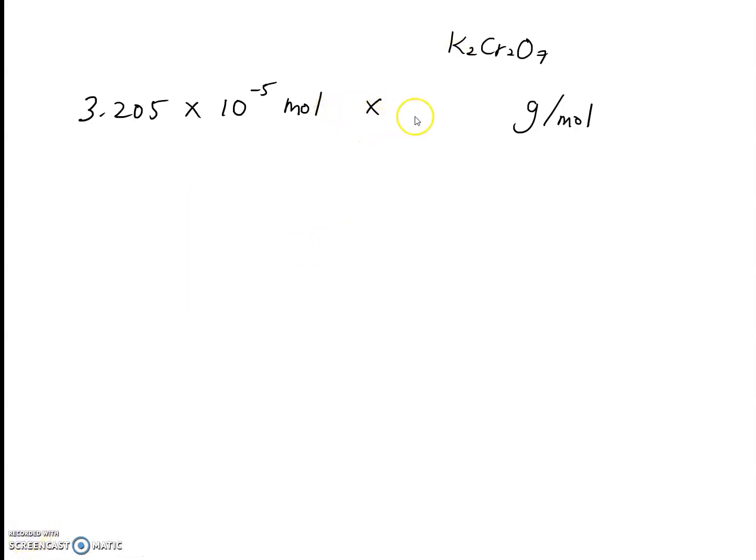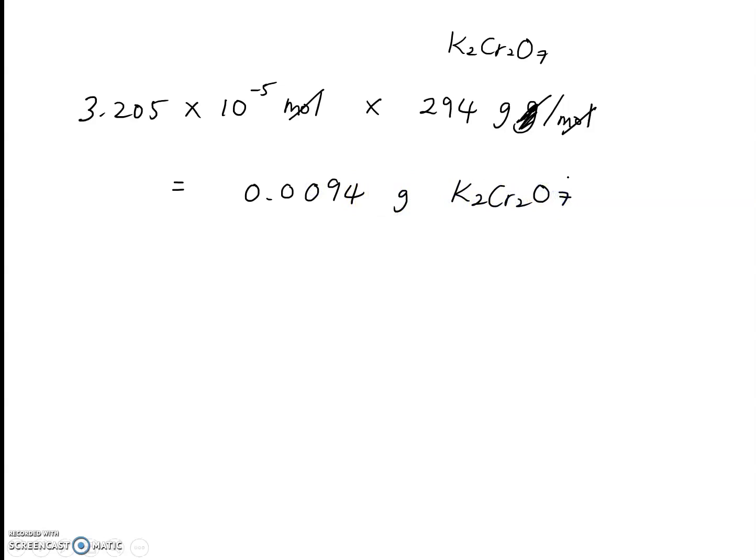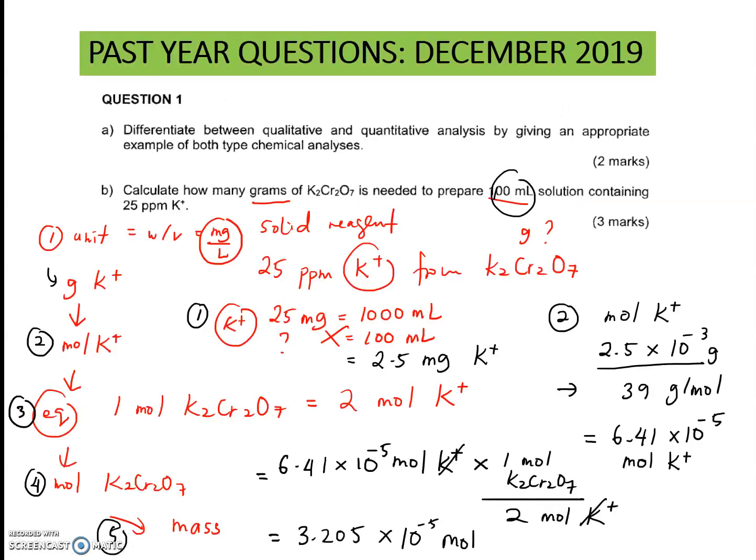Mole potassium dichromate times molecular weight potassium dichromate, cancel the unit mole, you get gram. So the answer is 0.0094 gram potassium dichromate.